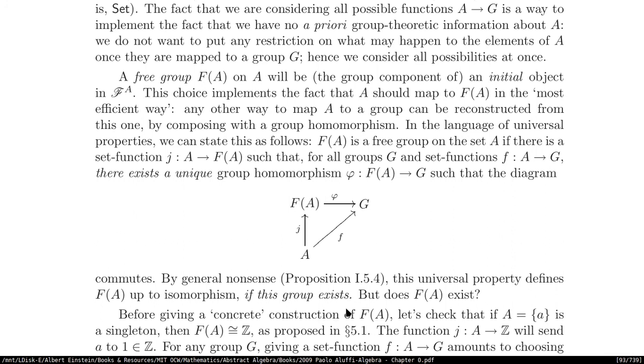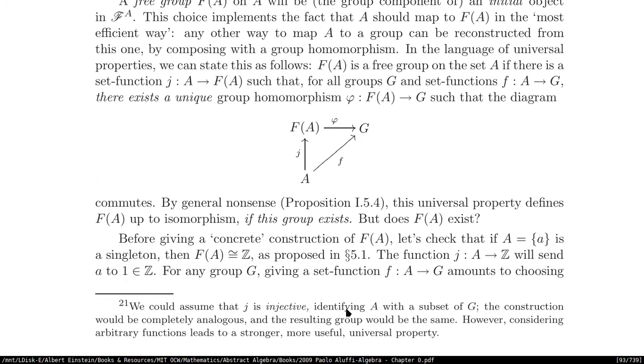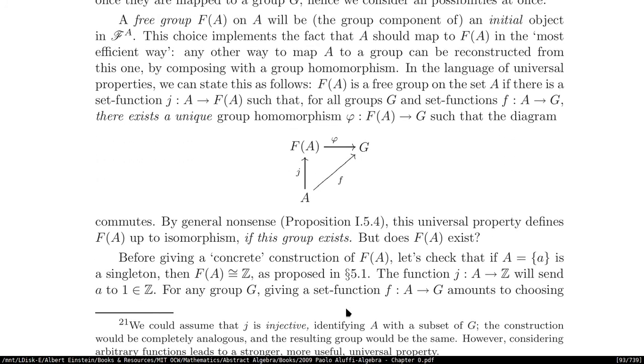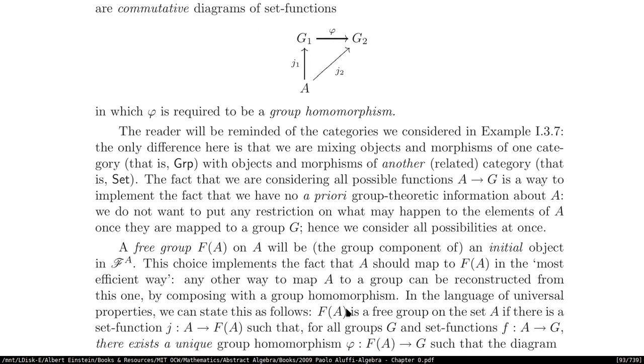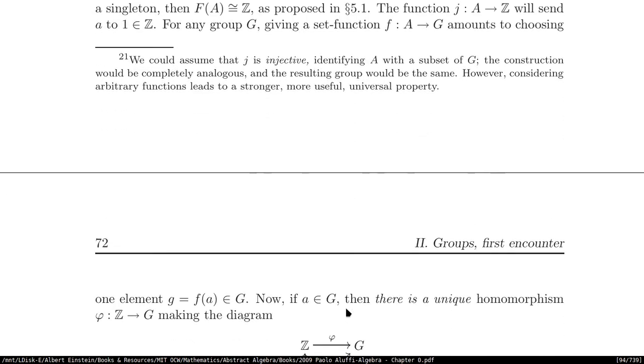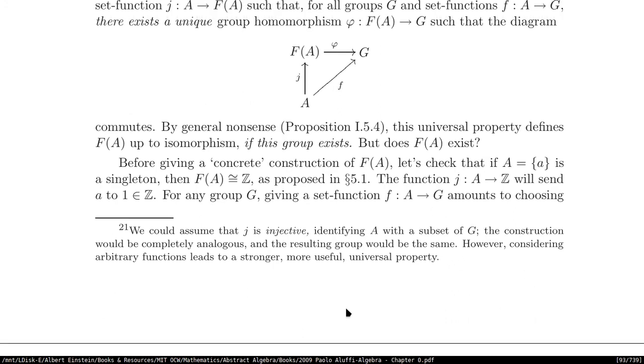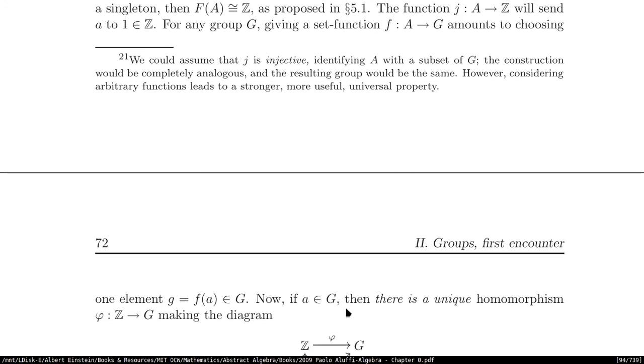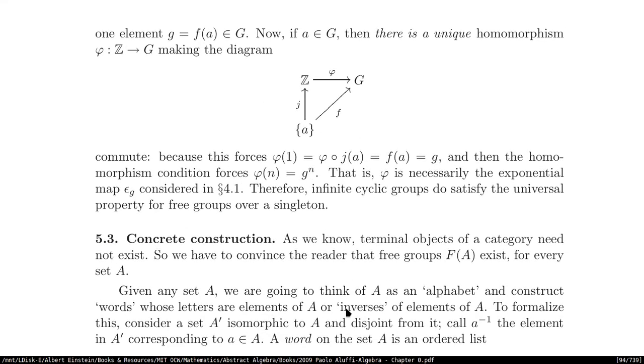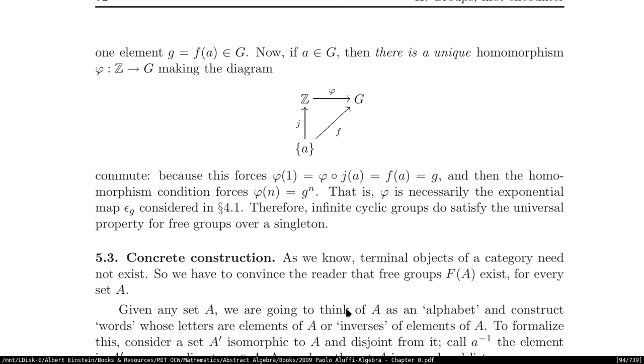But does F(A) exist? Well, we've already said a lot about F(A) before it existed, but we have to show that there indeed exists this kind of unique homomorphism. Let's see.